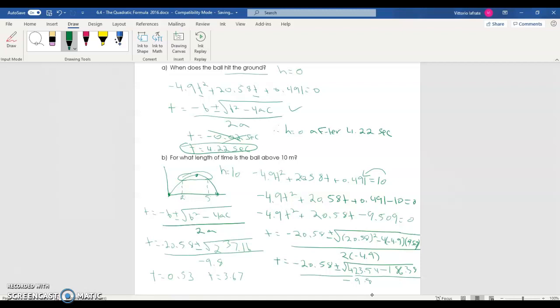We have 0.53 over here and 3.67. So it spends 3.67 minus 0.53, which is equal to 3.14 seconds above 10 meters, and you would write that as a therefore statement. We'll finish off the last example in the next video.